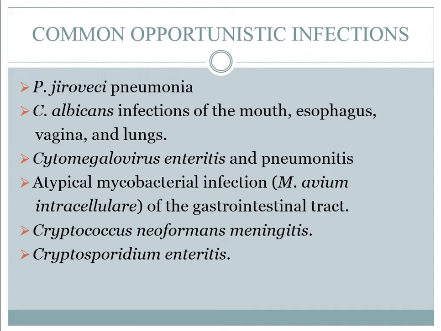Another one is the cytomegalovirus enteritis and pneumonitis. Another one is atypical mycobacterial infection caused by Mycobacterium avium intracellulare of the gastrointestinal tract. We also have the Cryptococcus neoformans meningitis, and the last one is Cryptosporidium enteritis.